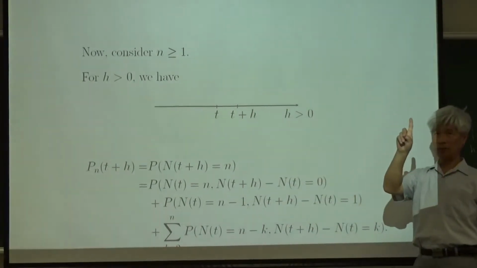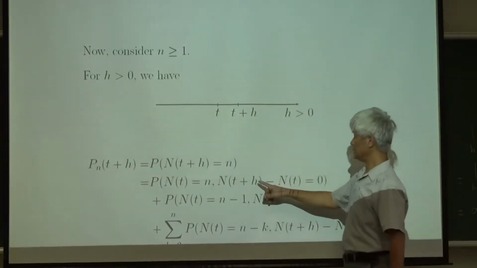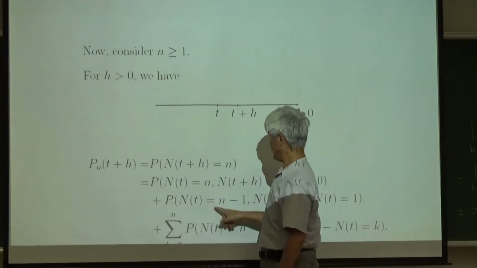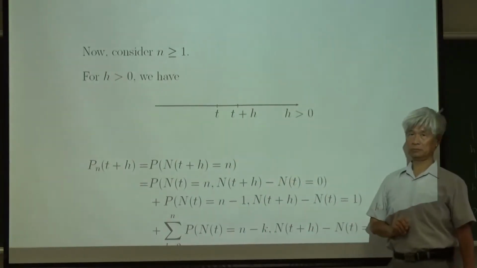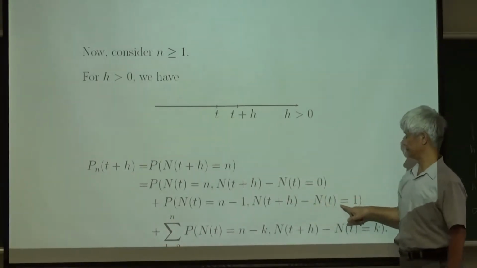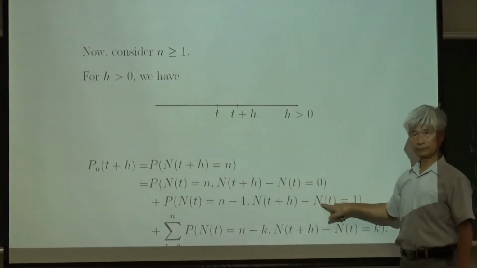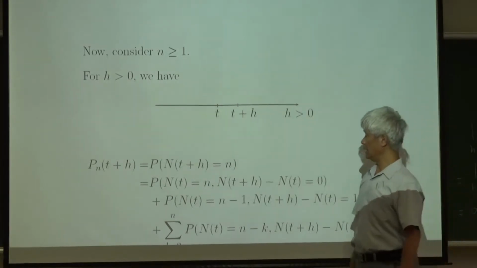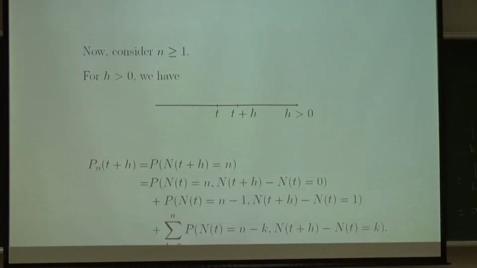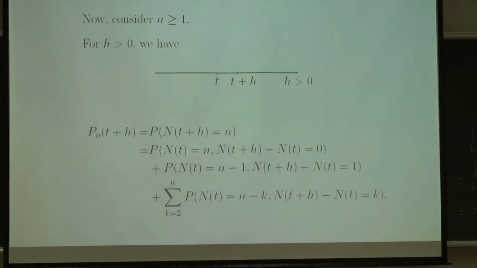This is one possible condition. The second condition is that from 0 to t, we have n minus 1 arrivals, and the rest is in here.